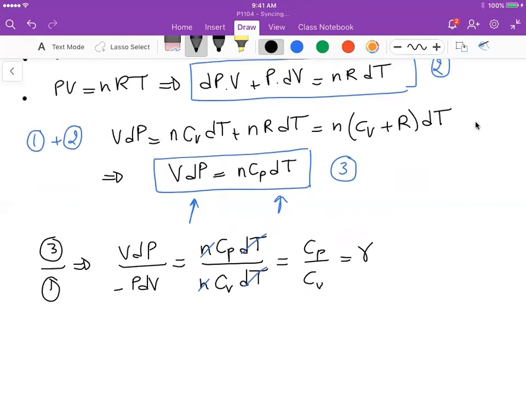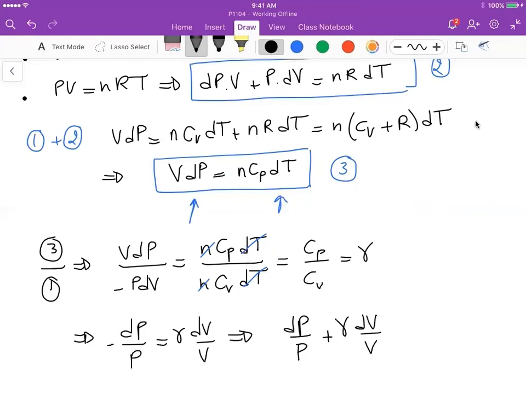And if you still remember, this is nothing else than the gamma factor that we defined previously. So from here we have the differential in pressure and the differential in volume, and we need to put the pressure on one side and the volume on the other. This gives us dP over P, keeping it with a minus sign, equal to gamma dV over V. And so dP over P plus gamma dV over V is equal to 0.